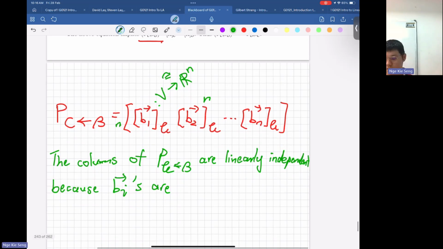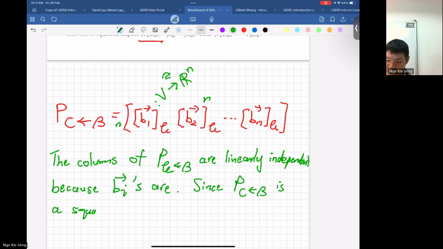And then since P, the change of basis matrix from B to C, is a square matrix, P from B to C is invertible.